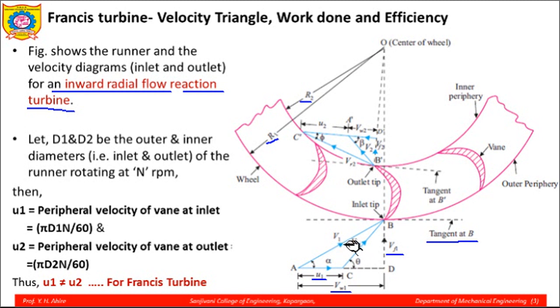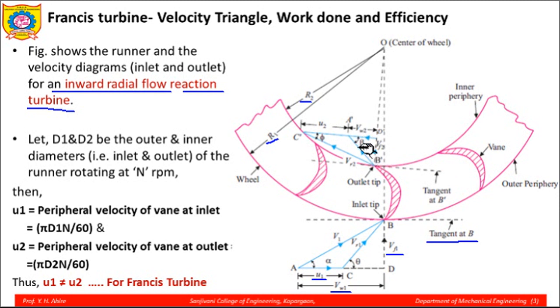Okay, V1 is the velocity of water supplied by the guide vane, so that's why it is known as the guide blade angle, alpha. Vr2 will make an angle phi with the tangent to the wheel at the outlet, means inner periphery, so phi is nothing but the vane angle at outlet.